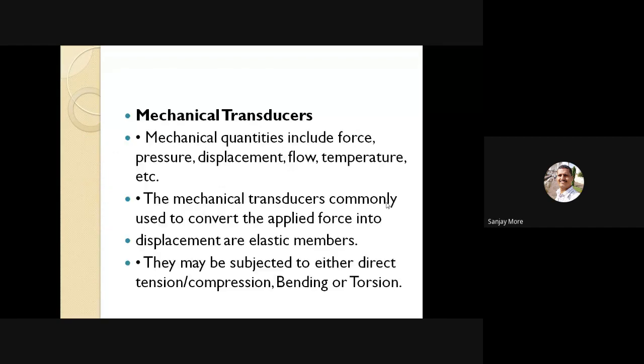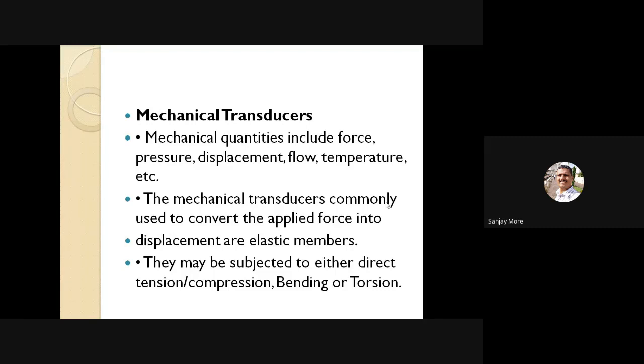Then the mechanical transducer. A Bourdon pressure tube is used as a mechanical transducer. The quantities include force, pressure, displacement, flow, temperature, etc. So the mechanical transducers are used to measure force, pressure, displacement, flow, and temperature.